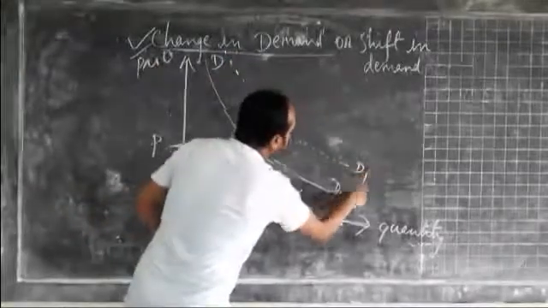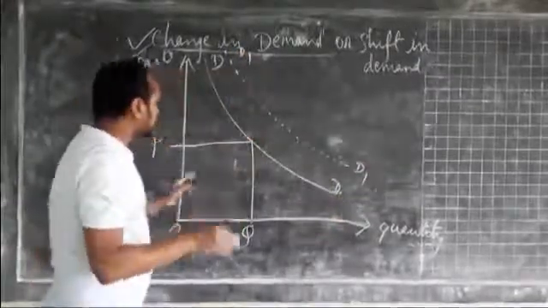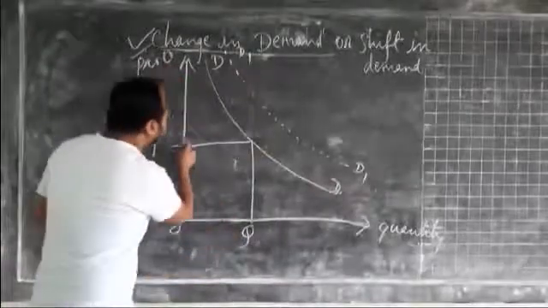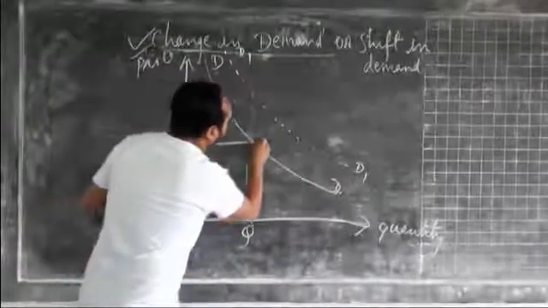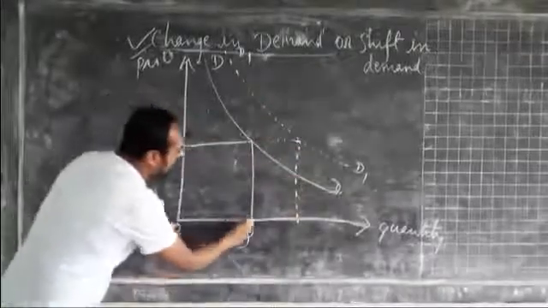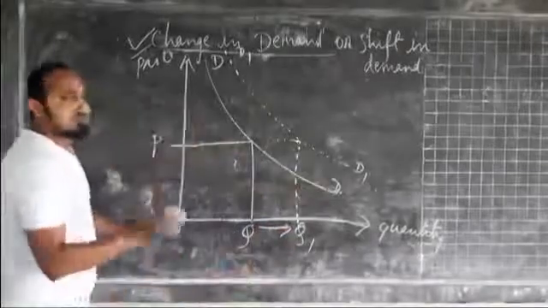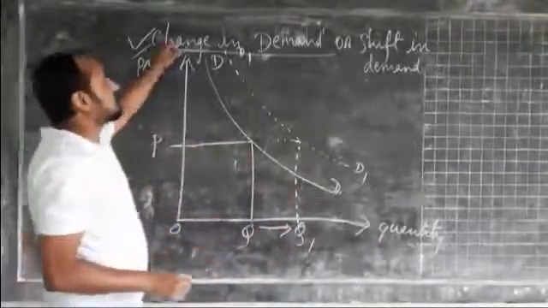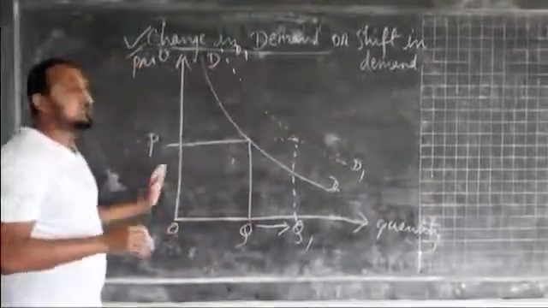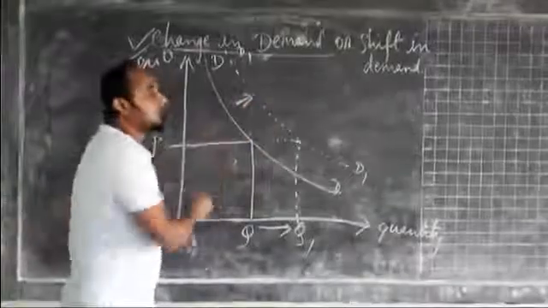Suppose D1 is the new demand curve. So here the price is more or less the same. Price is not changing. So we can notice that at the same price, the quantity demand is increasing from OQ to OQ1. Once again, in the case of change in demand or shift in demand, the quantity demand is changing. Here I am showing the case of increasing demand.